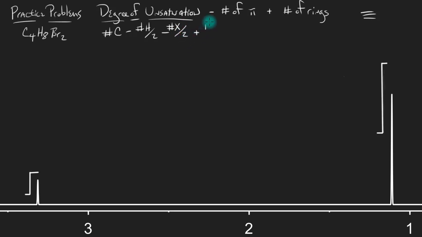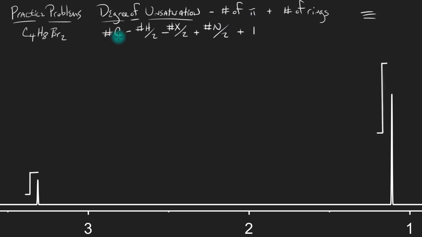If we have any nitrogens, we're going to count the number of nitrogens, and we're actually going to divide that by 2, but in this case we have to add these to our total. And then at the very end, no matter what, we have to add 1 to the total. So number of carbons minus hydrogens divided by 2 minus X divided by 2, where X is a halogen, and plus nitrogen divided by 2, and then we have to add 1.